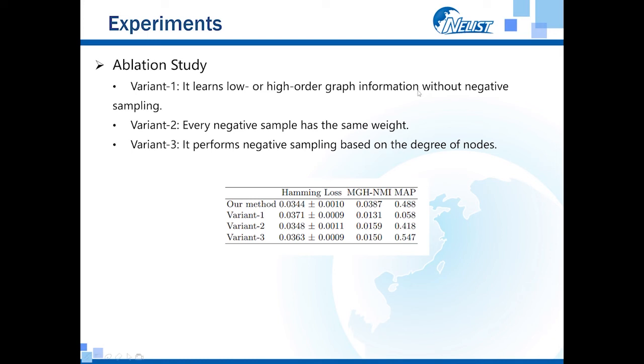Variant 1, our method learns the low or high-order graph information without the negative sampling. Variant 2, every negative sample has the same weight. Variant 3, it performs negative sampling based on the degree of the nodes.